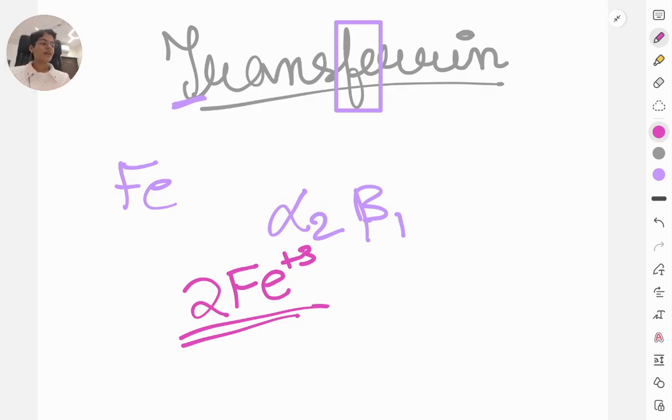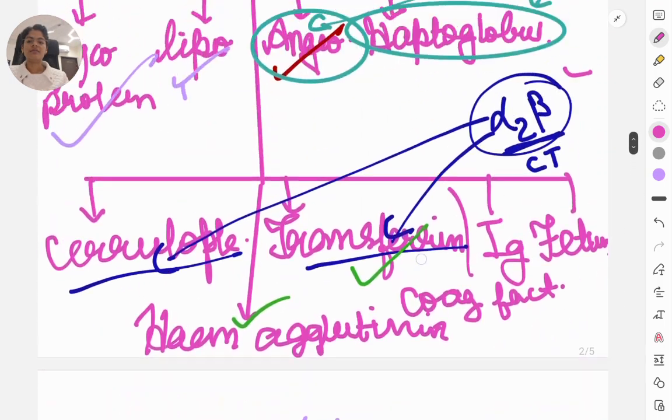It absorbs iron from the intestine during digestion. It also helps in the transport of iron and helps decrease iron toxicity. Clear? So these are the roles of transferrin.